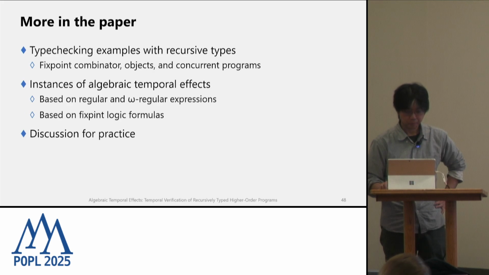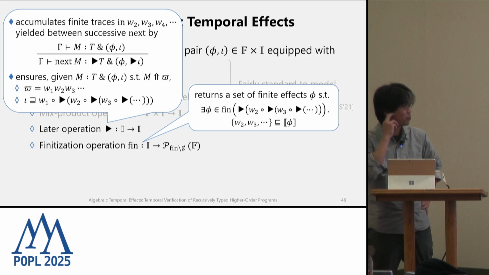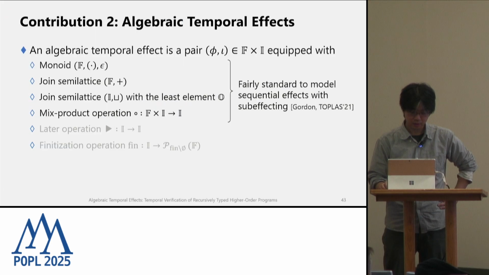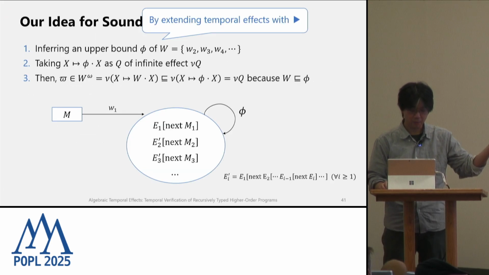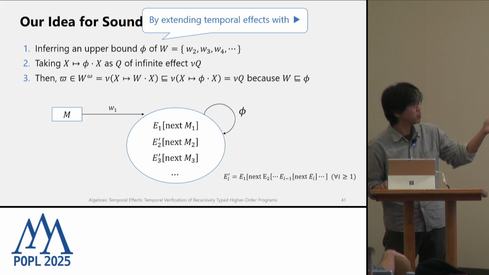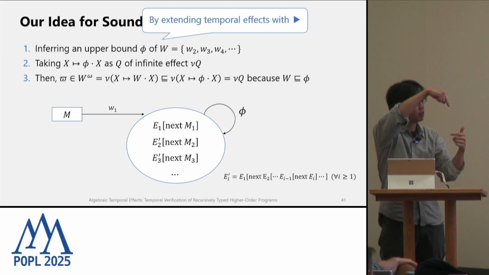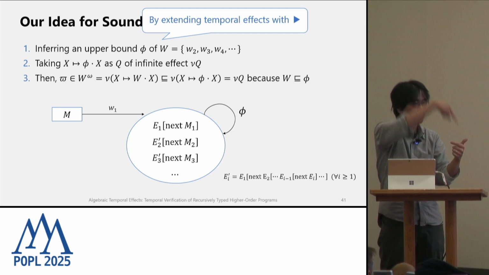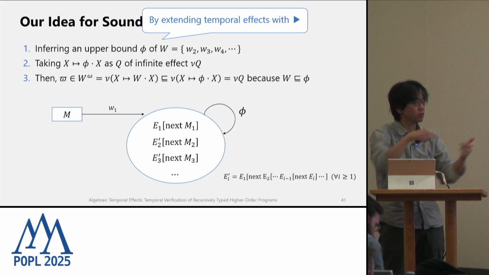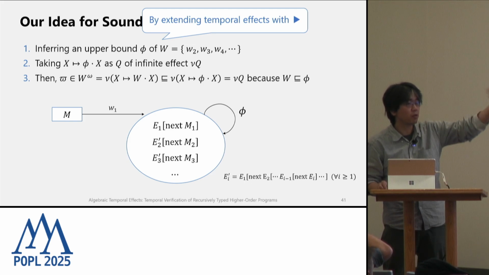I see. Maybe I'm not sure I can answer your question well, but maybe one observation is that when infinite behavior happens, we need to dive into infinitely many next arguments. So in this case, M is first evaluated to next M1, and M1 is evaluated.